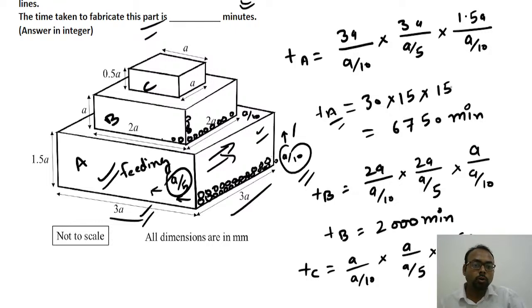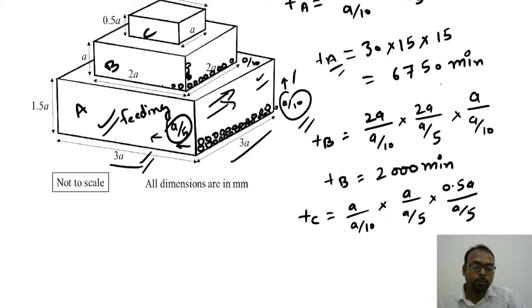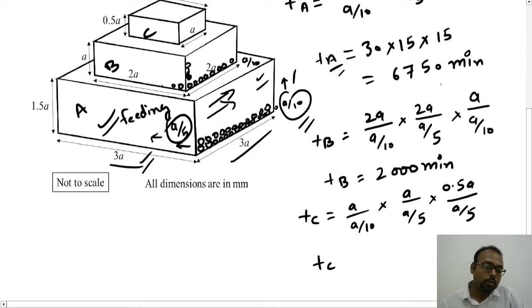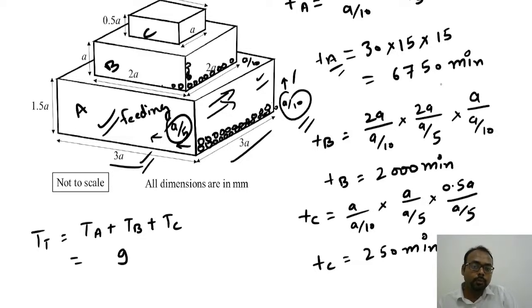Now when you solve this, the TC value comes out to be 250 minutes. Now you need to add all of them to get the total time. So total time TT will be equal to TA plus TB plus TC. So this sum comes out to be 9000 minutes.